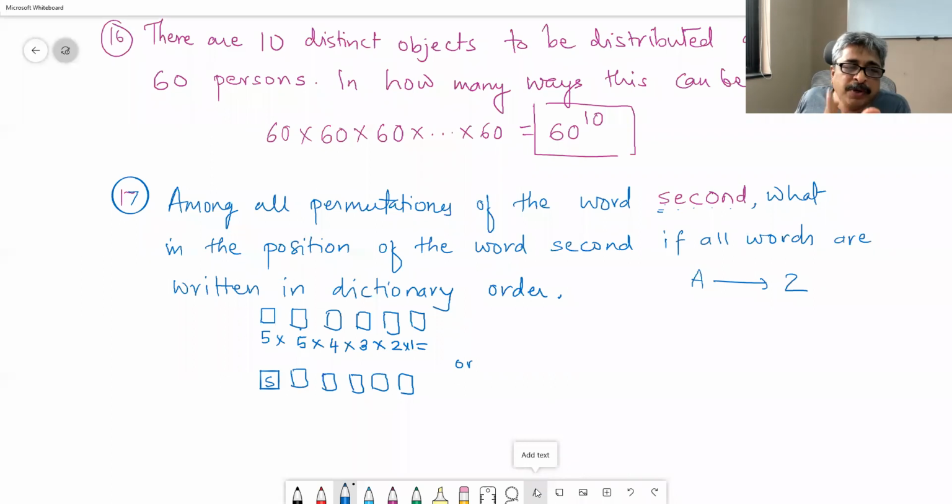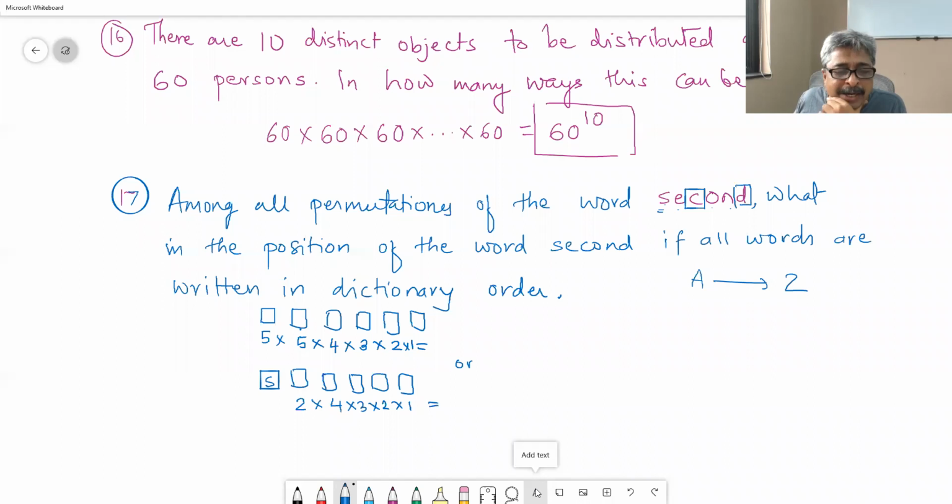Now the first place is occupied by S, and now for the second place we want to put E, but before E there are 2 letters which come in alphabetical order. So the second place is occupied in 2 different ways, into, now that 2 letters are gone out of 6, 4 into 3 into 2 into 1.